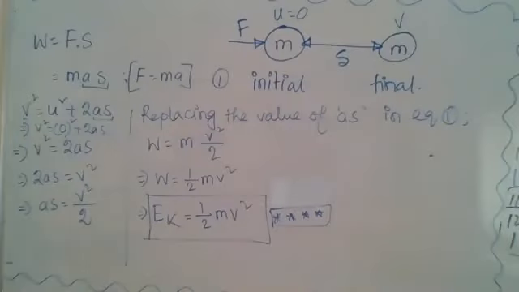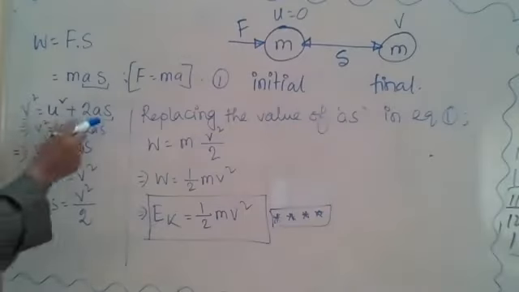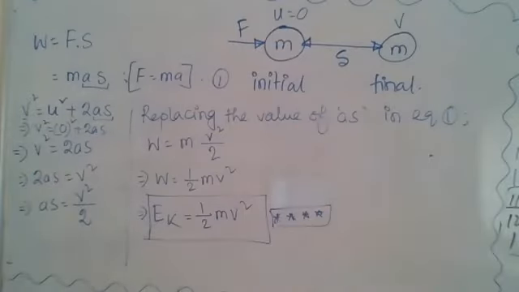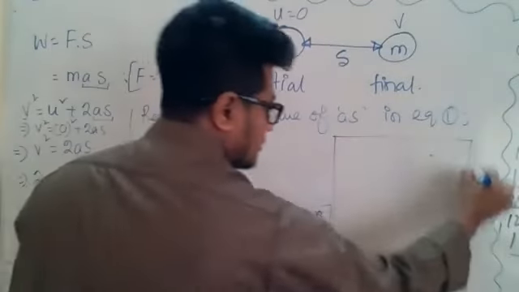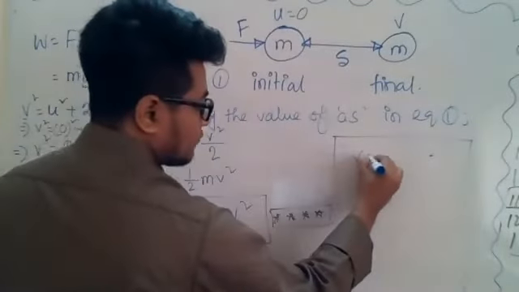Yes, Fatima. So why you use this formula? V square equal to U square plus 2AS. Because in other equations you do not have AS. I will write the full equation for you.